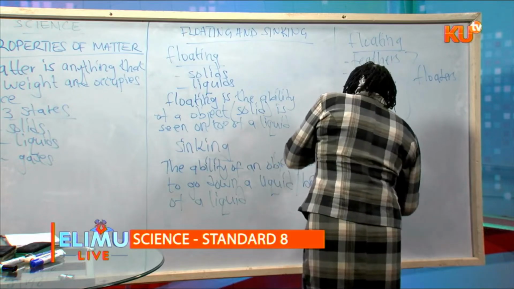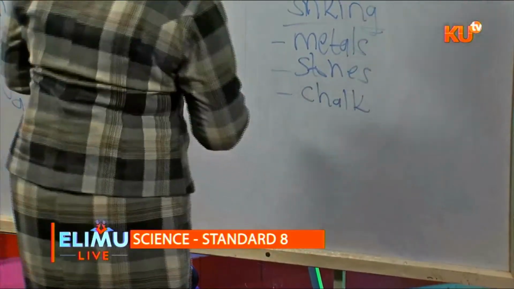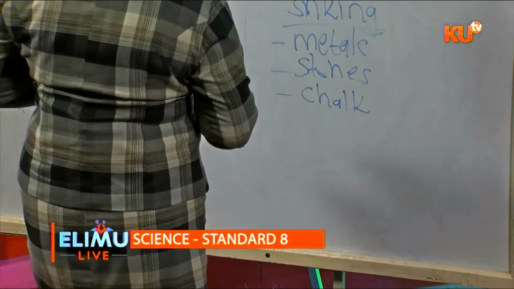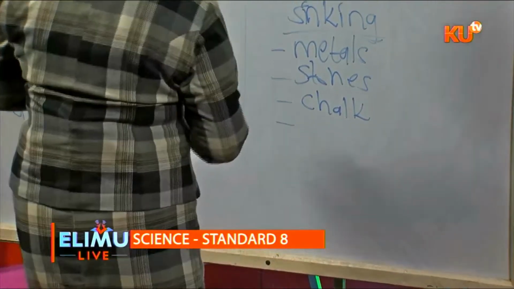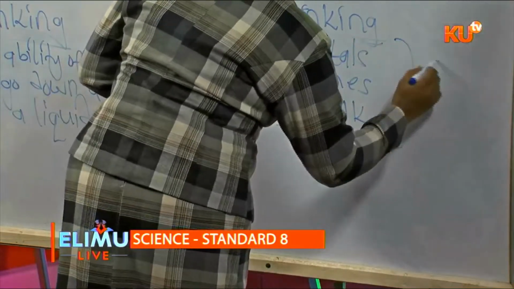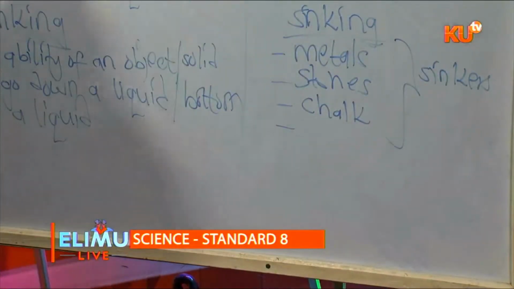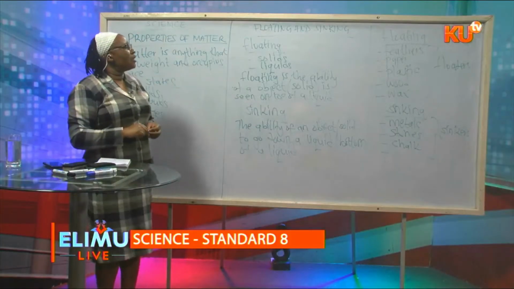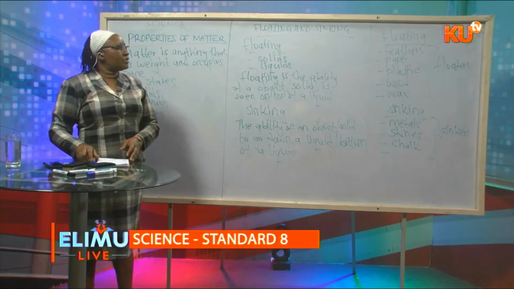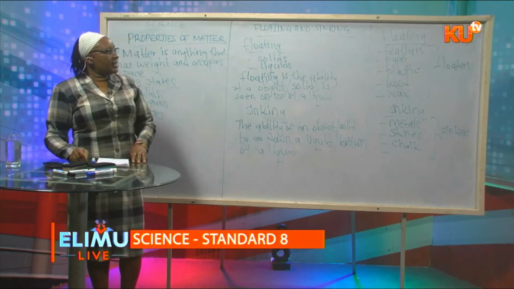We have items like chalk. When you put pieces of chalk in a container where you have a liquid, they will sink. Those are just examples of items that sink, and they are called sinkers. So the items that float are called floaters, and the items that sink are called sinkers.